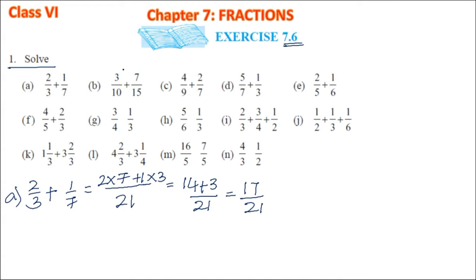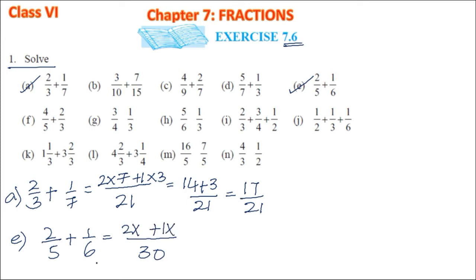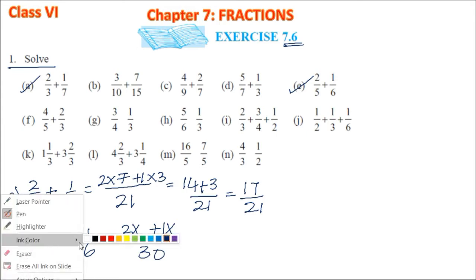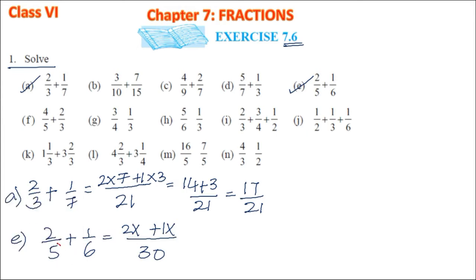Let me take, for instance, E. 2 by 5 added to 1 by 6. The LCM of 5 and 6 is 30. So 2 should be multiplied with a number, 1 also should be multiplied with a number. Which number? To identify the number, we need to see the denominator. To make LCM as the denominator, this has to be multiplied by 6.